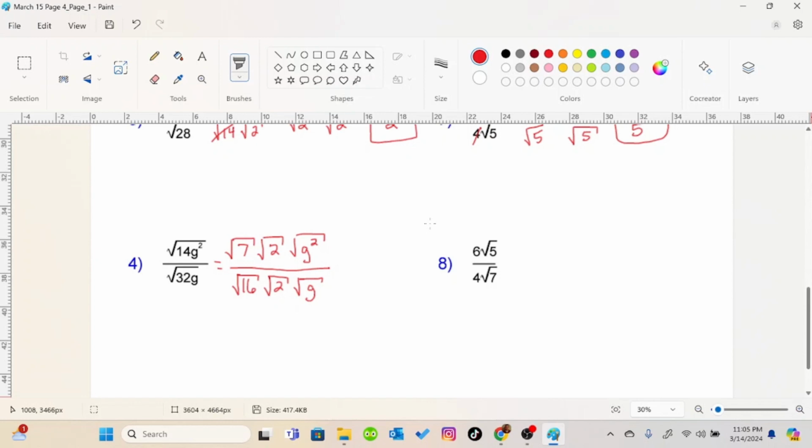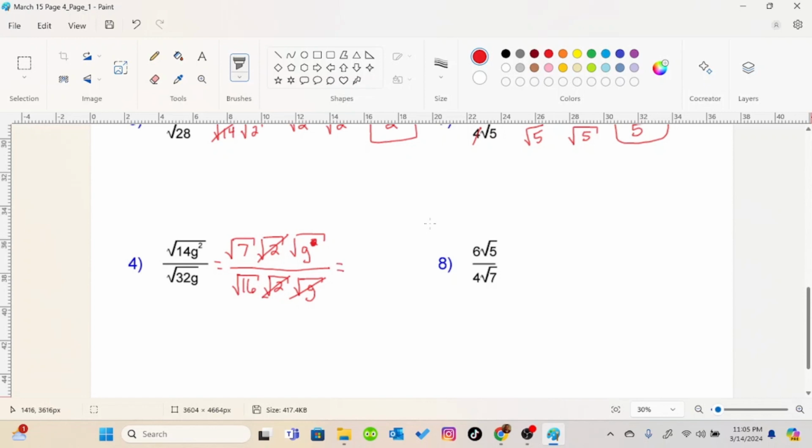We have a square root of 2 on top and a square root of 2 on the bottom, so they cancel each other out. We have a square root of g squared on top and a square root of g on the bottom, so it cancels out the one on the bottom and one of the g's on the top.